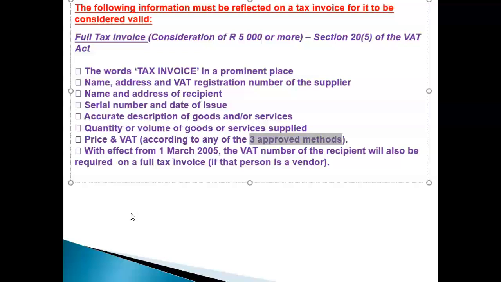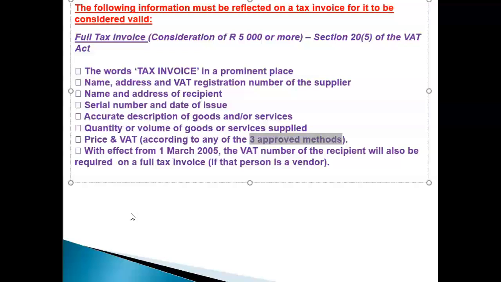Alternatively, I could have stated 6 Supermoon dining room chairs at 1,150 Rand each, VAT inclusive, times 6 would have given me a total VAT inclusive amount of 6,900 Rand.